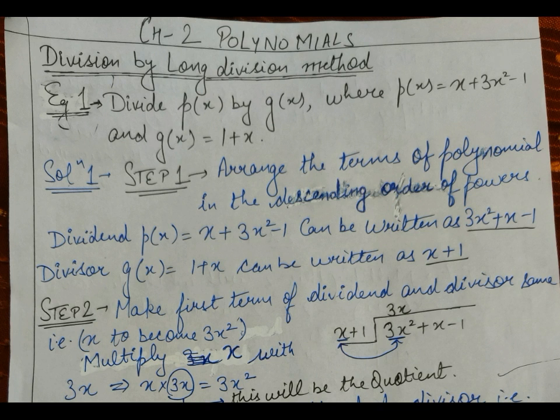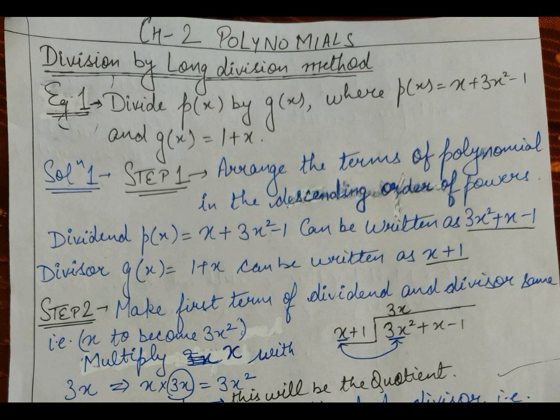Example number 1 is divide p(x) by g(x), where p(x) is equal to x plus 3x square minus 1 and g(x) is equal to 1 plus x. We will be learning about this division stepwise. Step number 1 is to arrange the terms of the polynomial in the descending order of powers.